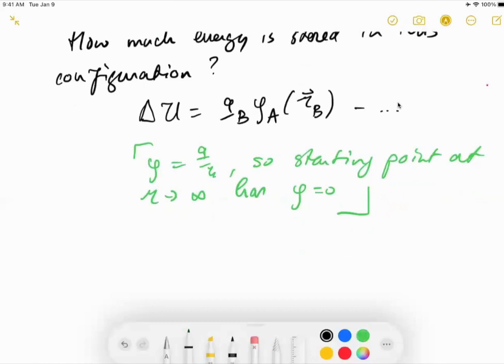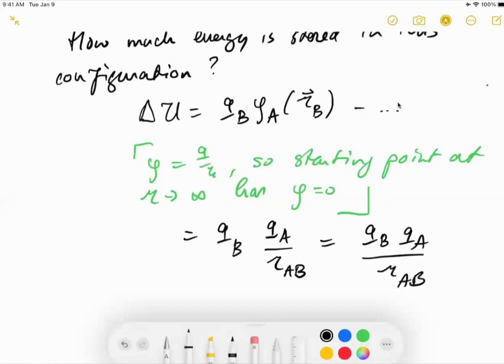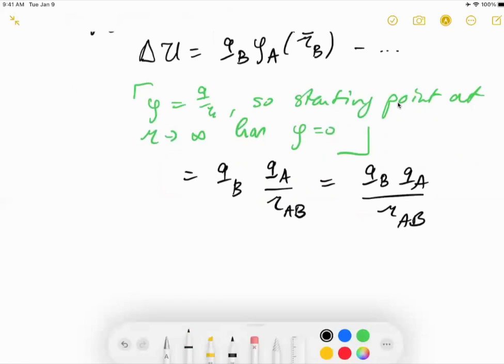Okay, so what is that? Well, it's QB times the potential generated by charge A, which is, sorry, I'm trying to be careful and I'm already messing it up. The potential is Q over the distance, and the distance is, of course, the distance between particles A and B. So it's QB, QA over RAB. Now, note that this is symmetric.